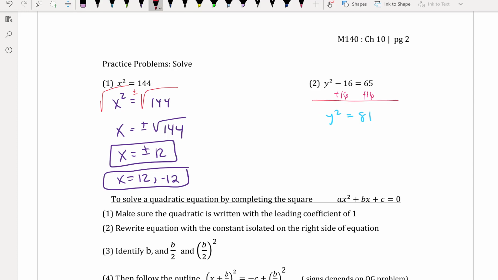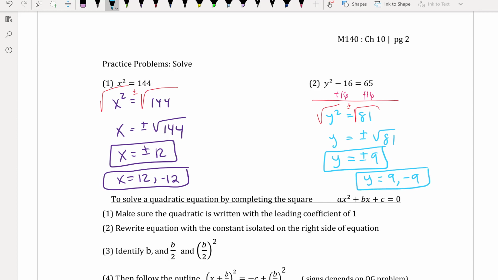Let's keep it consistent. So I'm going to square root both sides and not forget my plus or minus. So then I can get that y is equal to plus or minus the square root of 81. So y is equal to plus or minus 9, because 9 times 9 is 81. Or I can say that y is equal to a positive 9 and a negative 9. Okay.